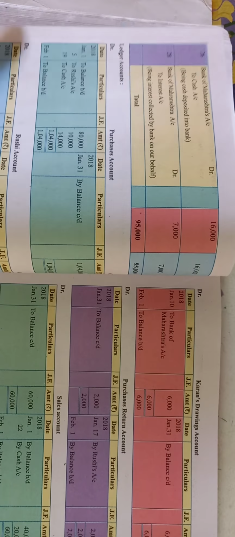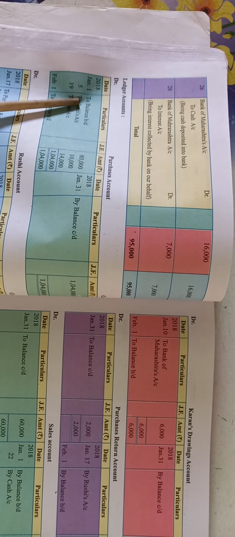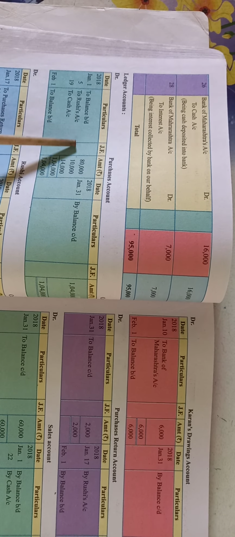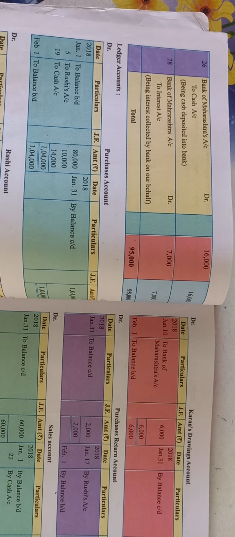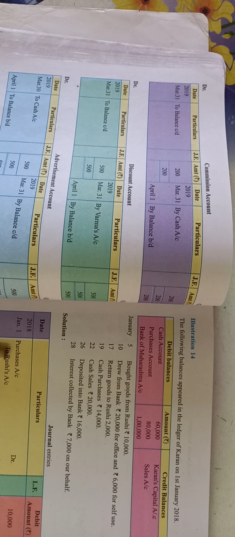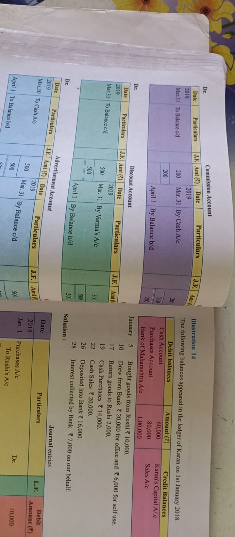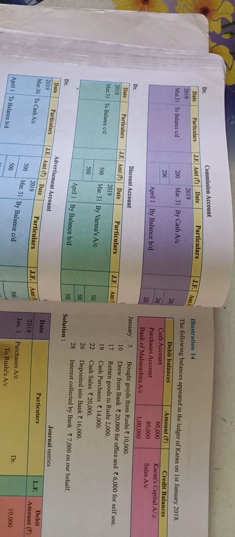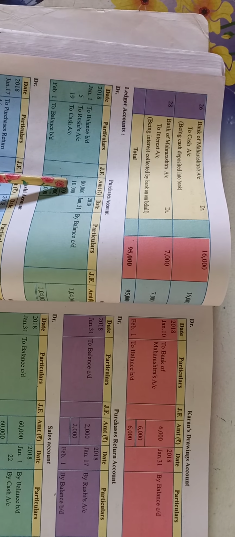So on the debit side we have to post, because a debit balance is there, to balance brought down, that is opening balance 80,000. Then we have to post the journal entries into the ledger. Purchase account debit to Rishi's account credit 10,000. So for the purchase debit we post the opposite, that is to Rishi's account, here 10,000, 5th January.